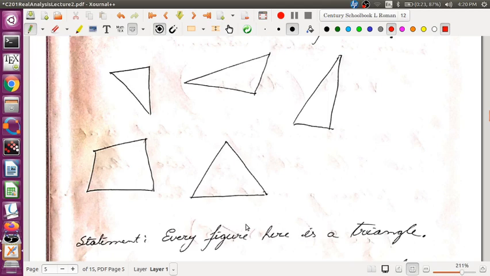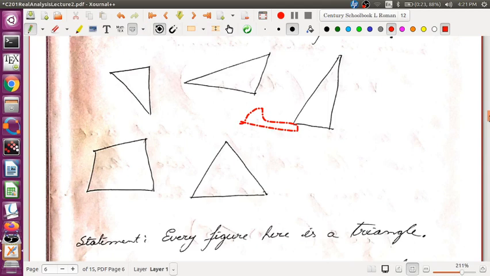I'm sure everyone will say that it's false, right? Because here at least one figure is there which is not a triangle. I'm not saying it's a quadrilateral. All I need is at least one figure which is not a triangle. The figure could have been something like this also, so even then this statement is false.